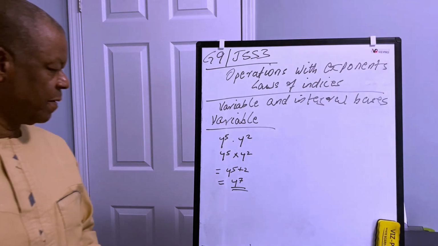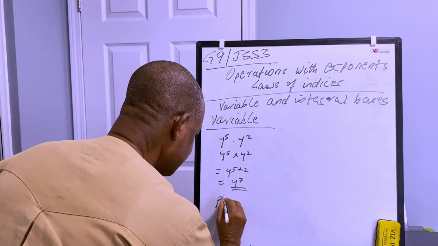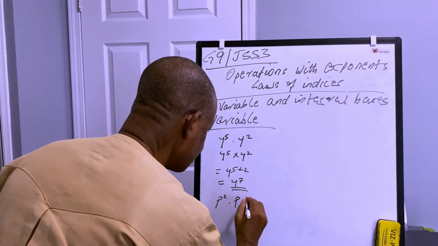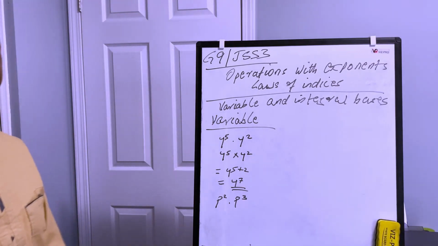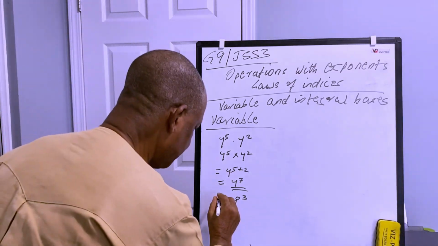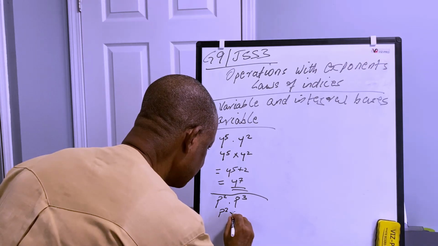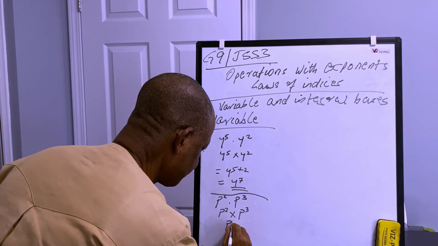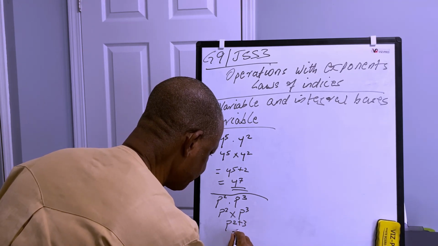We can as well be asked p raised to power 2 times p raised to power 3. Like I said before, this gives us p raised to power 2 plus 3, resulting in p raised to power 5.